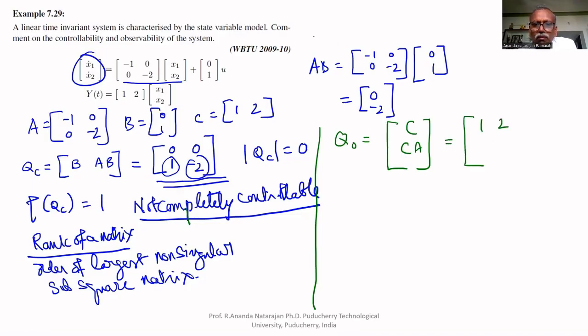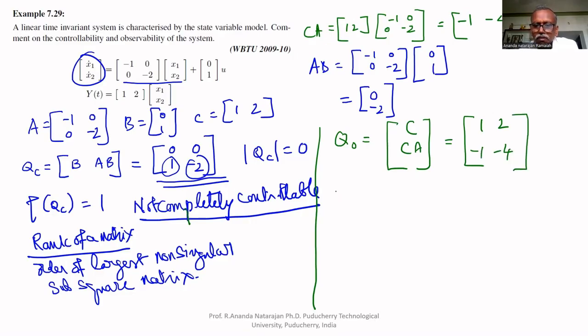CA equals 1, 2 times A, which is minus 1, 0, 0, minus 2. Take first row, first column, you will get minus 1. Take first row, second column, you will get minus 4. Substitute here, minus 1, minus 4.